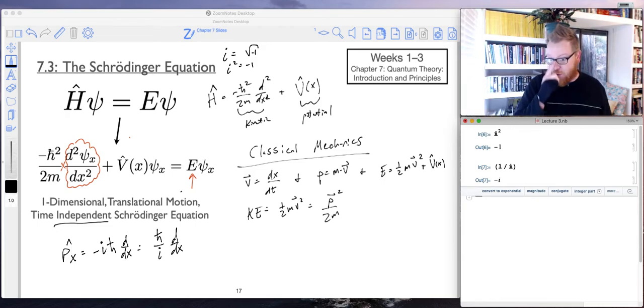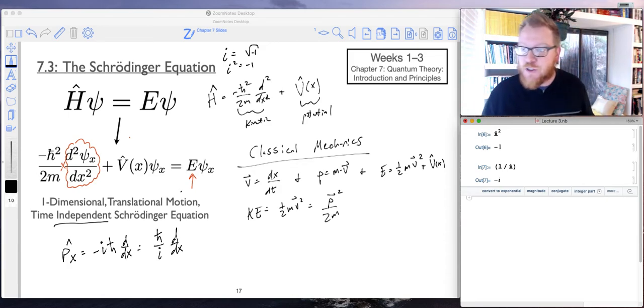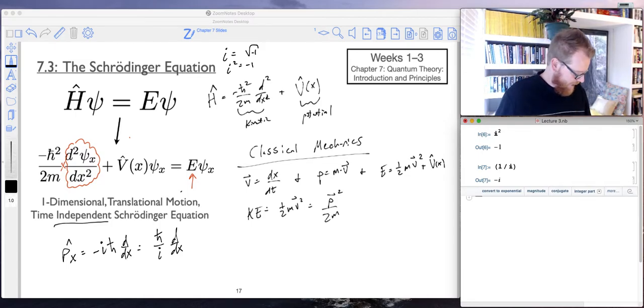I'm not going to go through this proof. I'm just going to rely on the fact that Mathematica knows what it's talking about, okay? So that's where we can see these two different forms of the momentum operator: negative i h bar d/dx or h bar over i d/dx. And I prefer this one because I don't have to deal with a negative number at that point, okay?